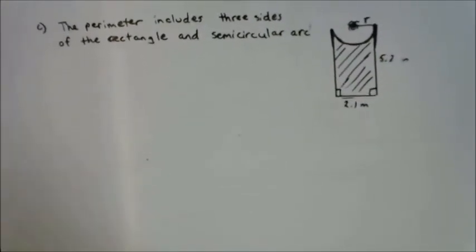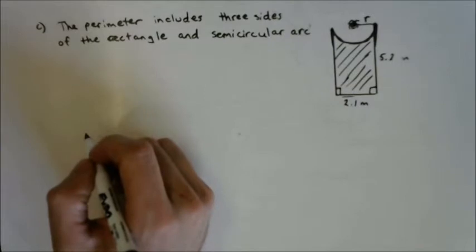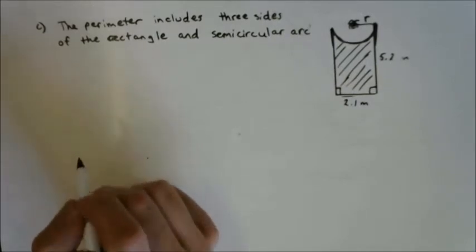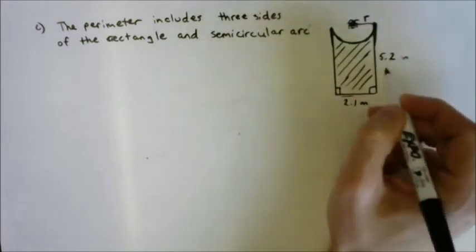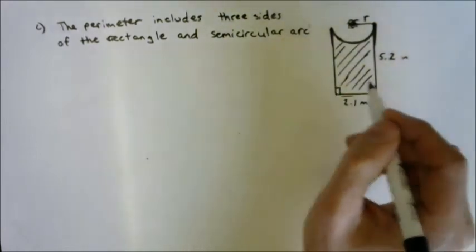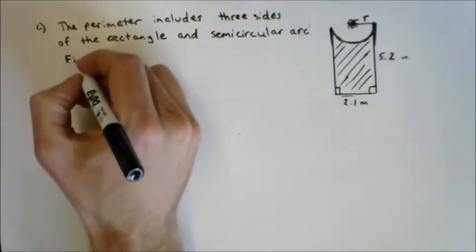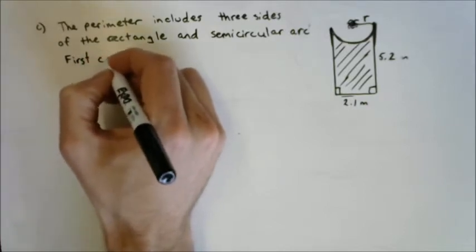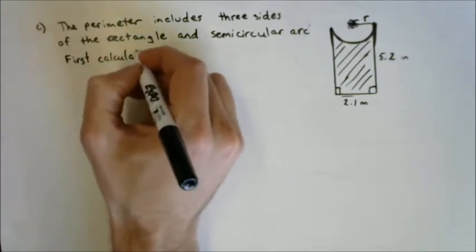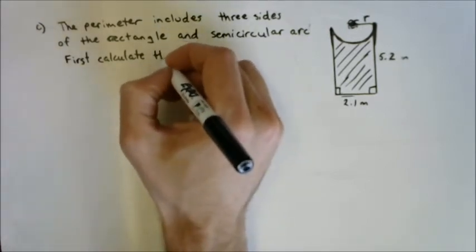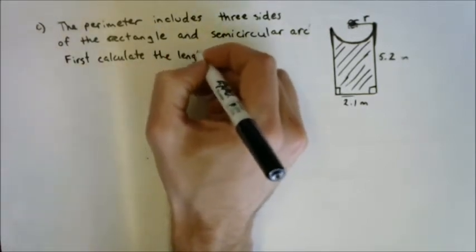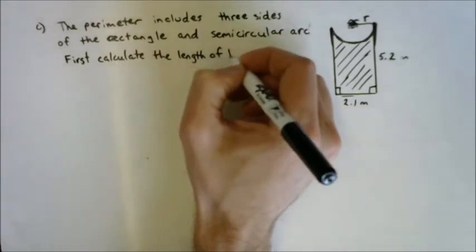So, what do we want to do first? Well, we already have the side lengths of these 3, right? So why don't we first calculate the length of the arc.